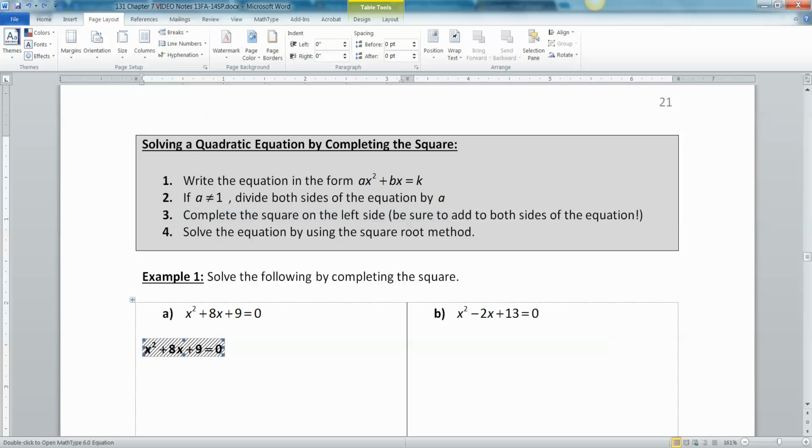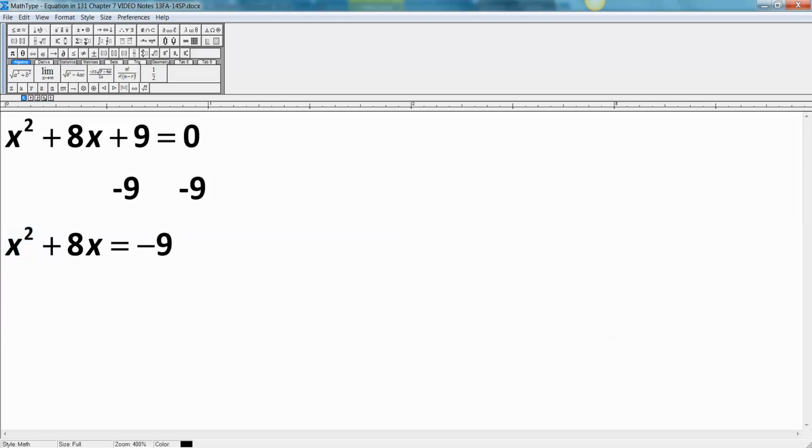Now there's the hard stuff. Okay, so we need to complete the square. We need to figure out what we can do, because our goal is to turn it into x plus something squared equals something, right? That's our goal. We want a perfect square.